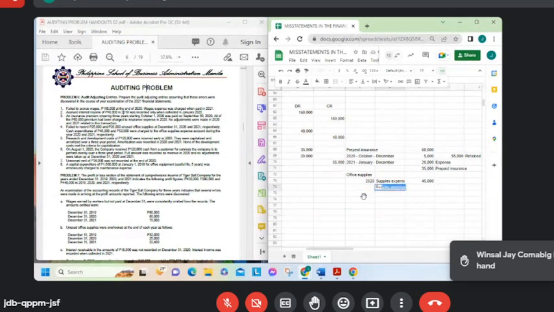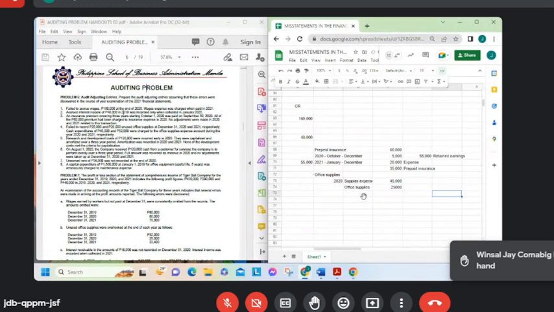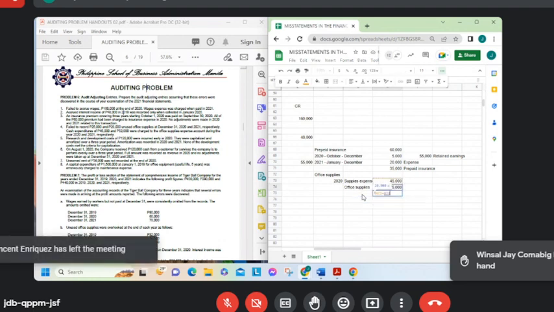But supposedly there should be office supplies amounting to 25,000. No? So therefore, in 2020, there is an overstatement of expenses by 20,000.